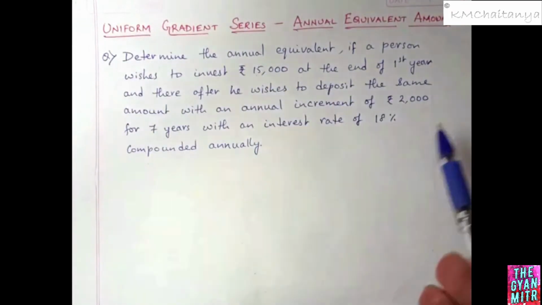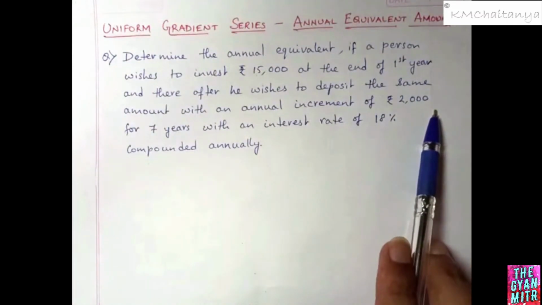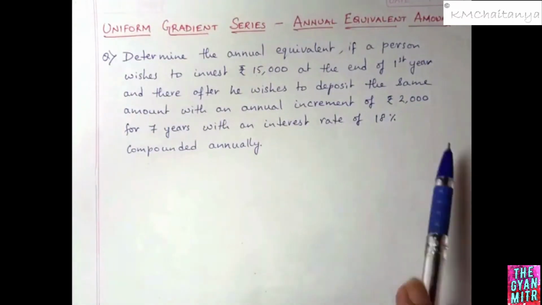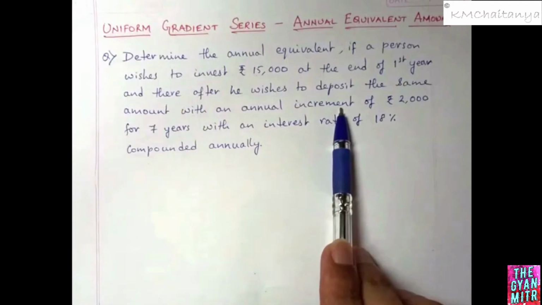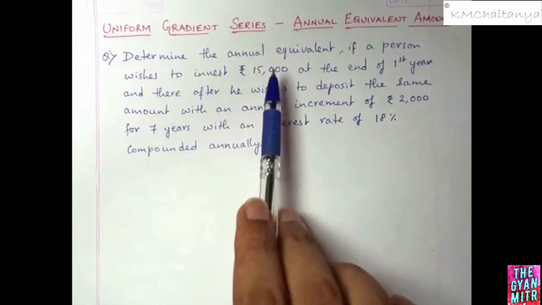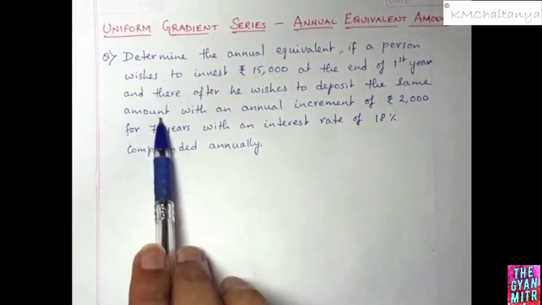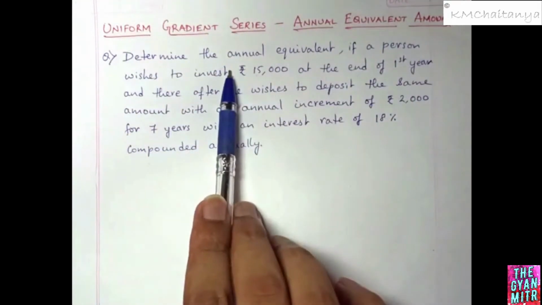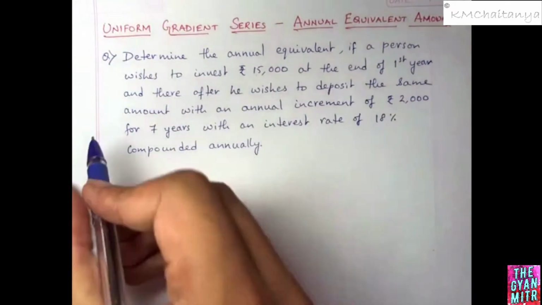That is the annual increment of 2,000 again. And he keeps on adding this particular annual increment up to 7 years. So now we are supposed to determine what will be the annual equivalent of this uniform gradient series. So we'll solve it.